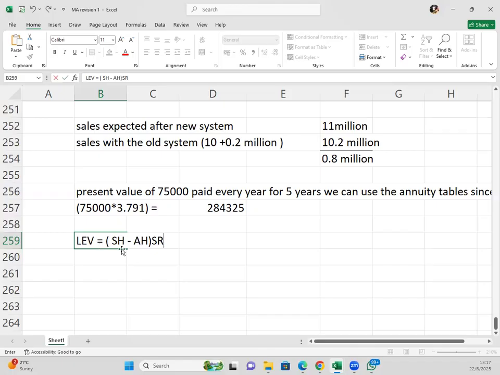If we open the bracket, those that did maths, this is the same as saying standard hours times the standard rate minus the actual hours times the standard rate, because what is outside the bracket multiplies everything inside the bracket. We don't know which one they gave us there, but both can work.